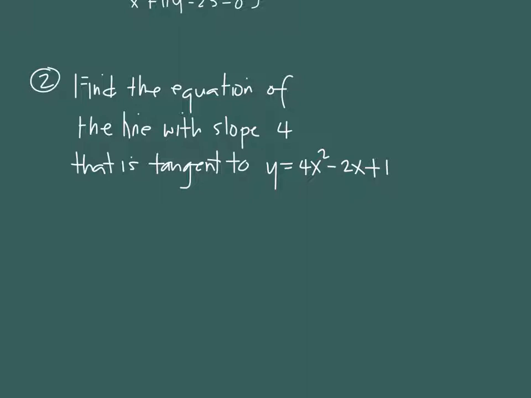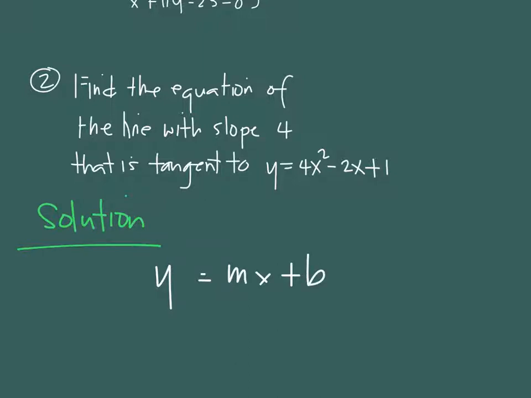How do we solve this? Again, you're looking for the equation of the line. What is the form of the equation that we're looking for? It could be y equals mx plus b. Always keep in mind, you just need to know what's m and what is b.